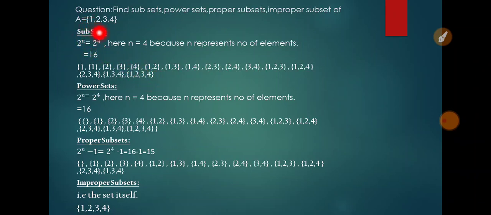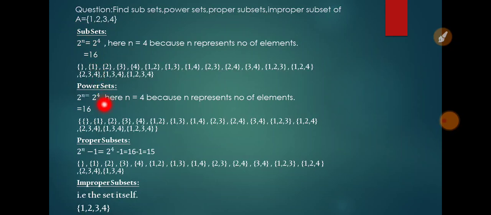First {1, 2}, {1, 3}, {1, 4}, and then {2, 3}, {2, 4}, {3, 4}, and then we are going to make sets of three elements: {1, 2, 3}, {1, 2, 4}, {2, 3, 4}, {1, 3, 4}, and then the last set is {1, 2, 3, 4}. These are the subsets of set A.